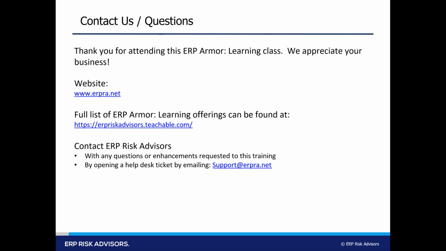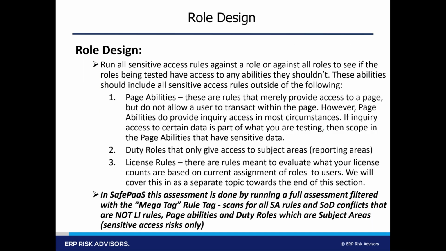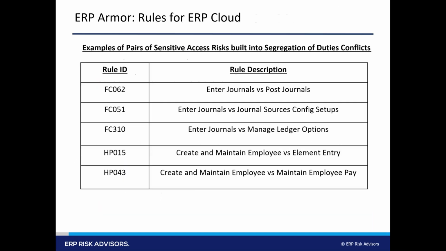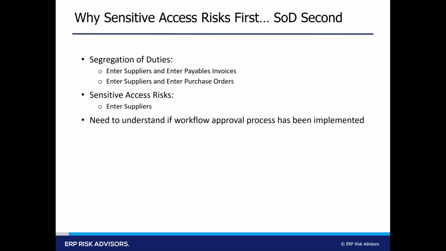So let me talk about how we look at workflows in the context of mitigating risks from a sensitive access and an SOD perspective. I'm just going to go back to the very beginning, looking at a couple of traditional SOD risks. You really should be thinking about the workflow mitigating risk in the context of both sensitive access risk and SOD risks.